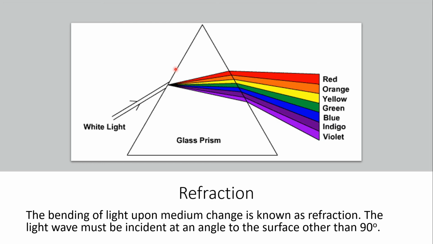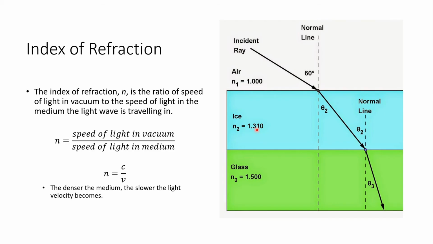And that's what you see when you're standing in water, that your image inside the water is distorted, because your light waves are bending as they pass from the water to the air. And that's all because of refraction.